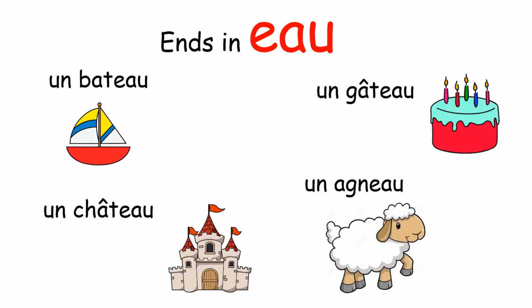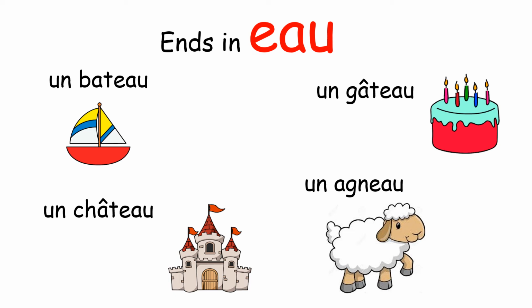If it ends in EAU, un bateau, un gâteau, un château, un agneau. Okay, so that O ending as well would tend to tell you that it's a masculine noun. And confusingly, EAU on its own means water, but that's actually feminine.